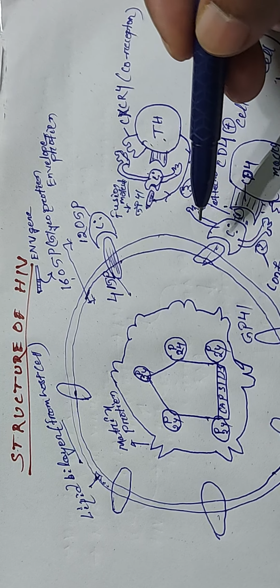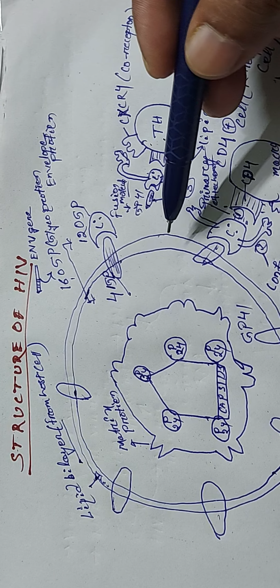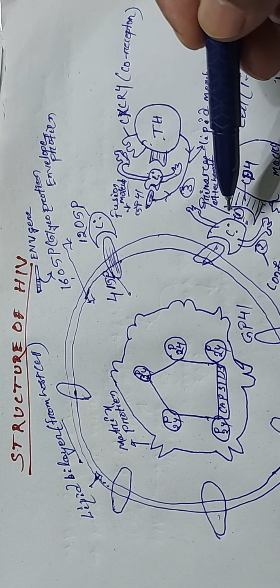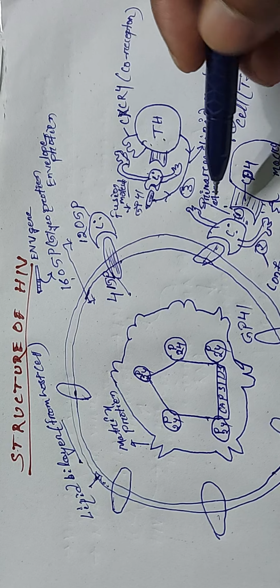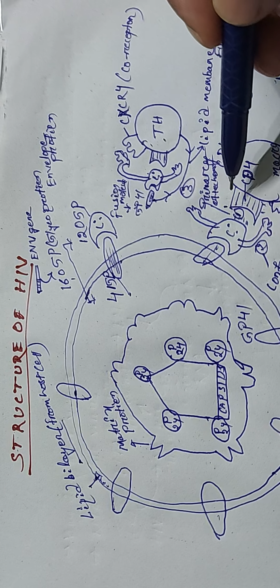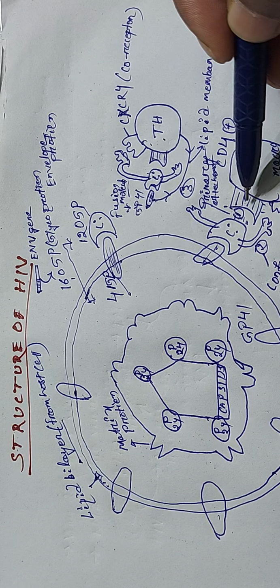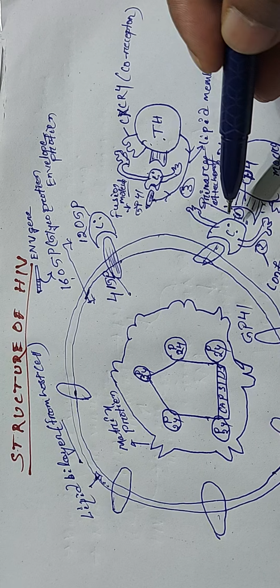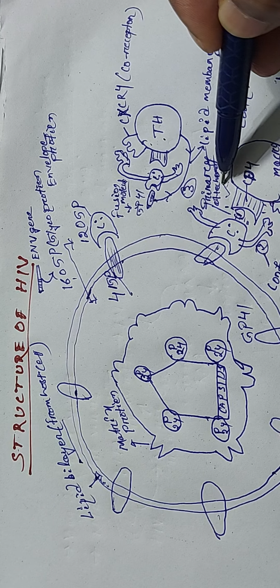When the HIV virus comes in contact with the macrophage, its GP120 glycoprotein first binds with the CD4 receptor. This attachment is called primary attachment.